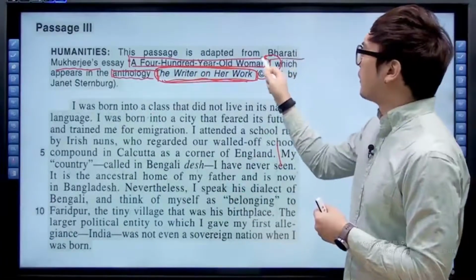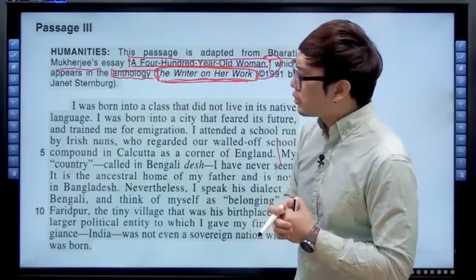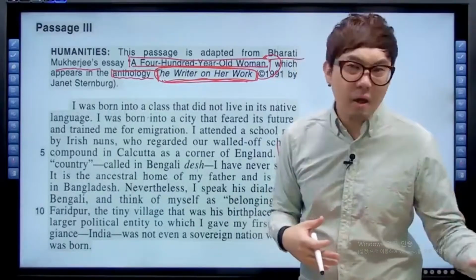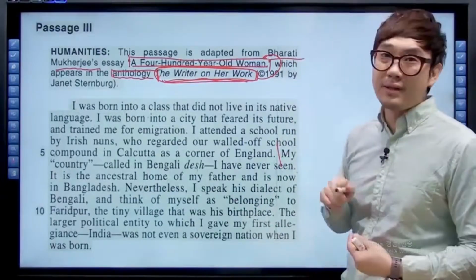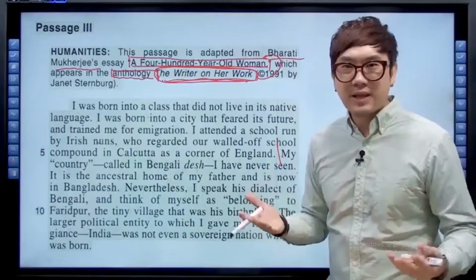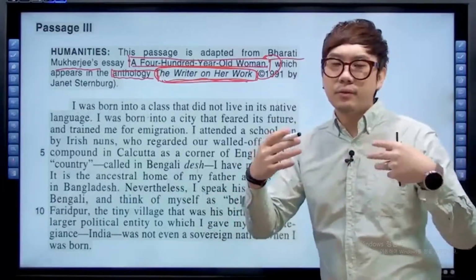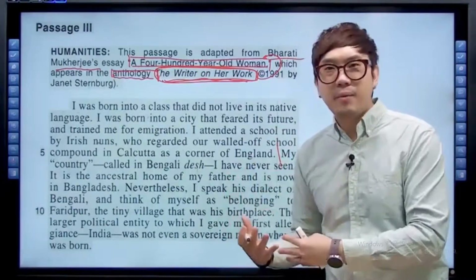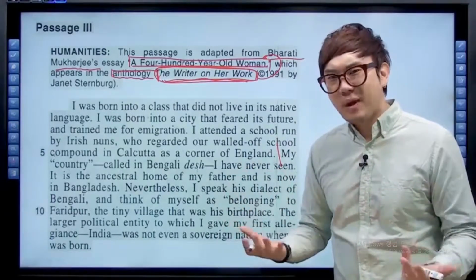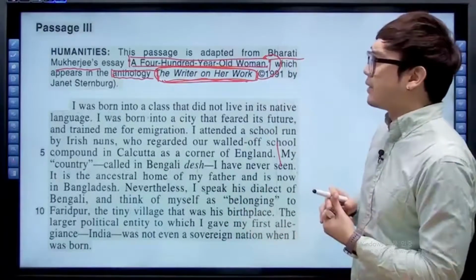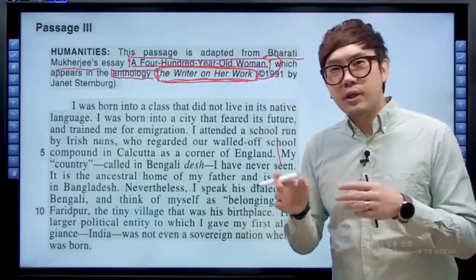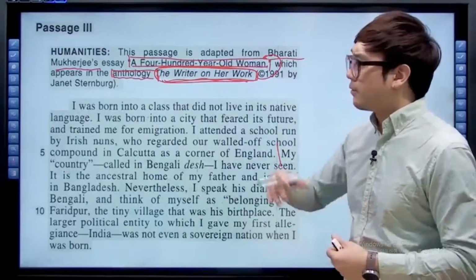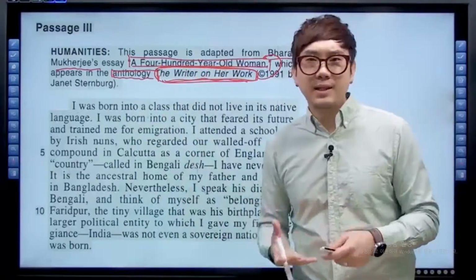And from the looks of the name, Bharati Mukherjee, we can definitely say that she's not of American descent, but probably of some other descent. If she were a foreigner who moved to the U.S. and was raised there, she would probably have a different name, because usually Americans have an American first name and a relatively ancestral last name, and they keep that name.